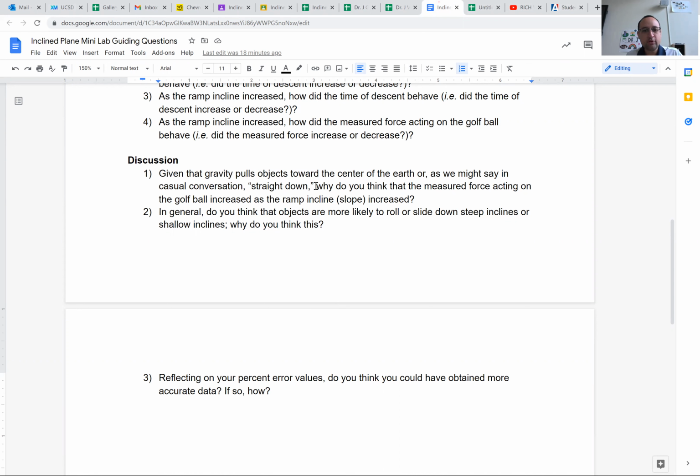So what you want to do with one like this is you want to say, given that gravity pulls objects toward the center of the earth, or as we might say in casual conversation, straight down, I think that the measured force acting on the golf ball increased as the ramp incline increased because, and then you just put your answers there, right? And you can do those same sorts of things, those little minor adjustments to the guiding questions to turn them into sentences with all of these sentences, okay? So that's gonna help you write your lab reports a little quicker.